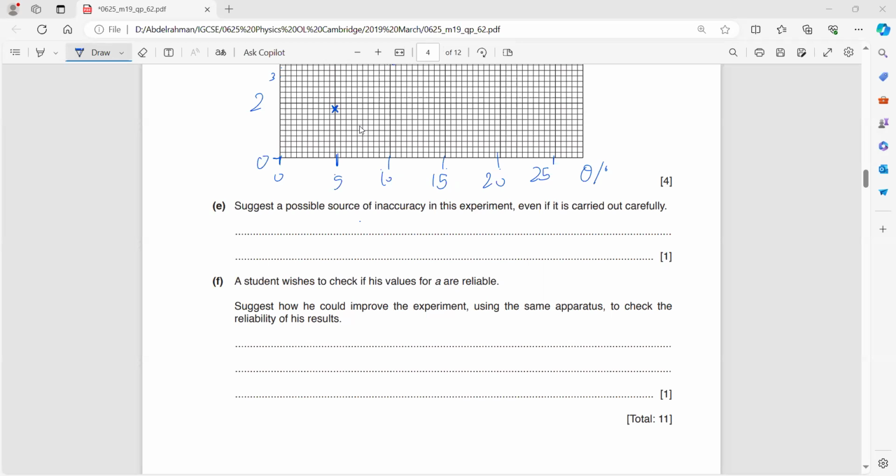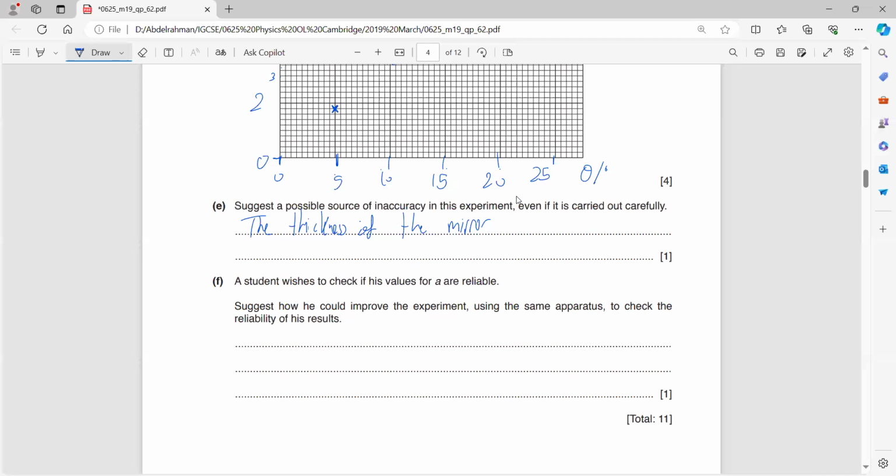Sometimes you can say the thickness of the lines, but I would preferably say the thickness of the mirror. Why? Because we have a mirror, it would be better to say the thickness of the mirror.